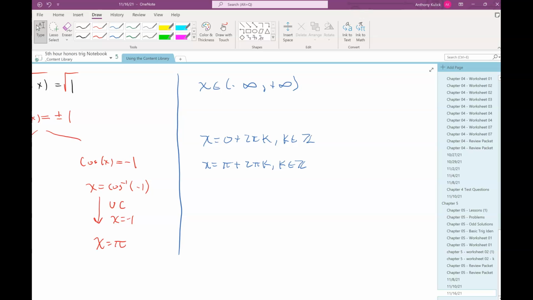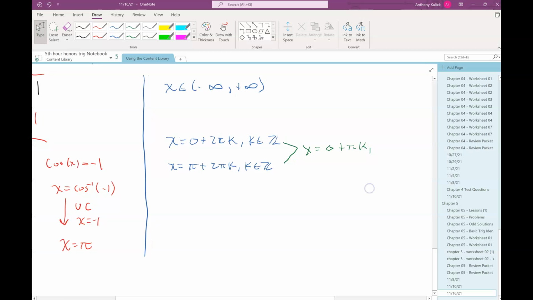How far apart are all of those answers? Just pi units, right? So I could really just simplify this down and combine these two solutions into one, doing 0 plus pi k.